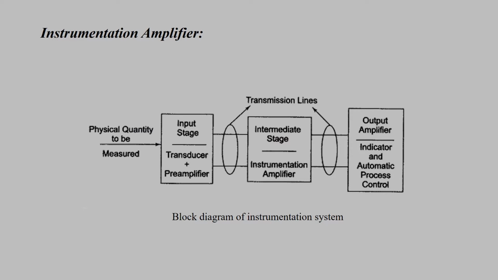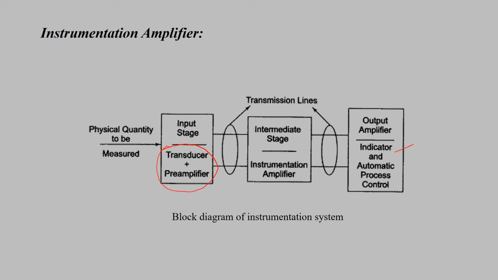In this figure we are seeing the block diagram of an instrumentation system. The input stage is composed of a preamplifier and some sort of transducer. This is the input stage, depending upon the physical quantity to be measured. The output stage may be a device such as a meter, oscilloscope, chart or some indicator.